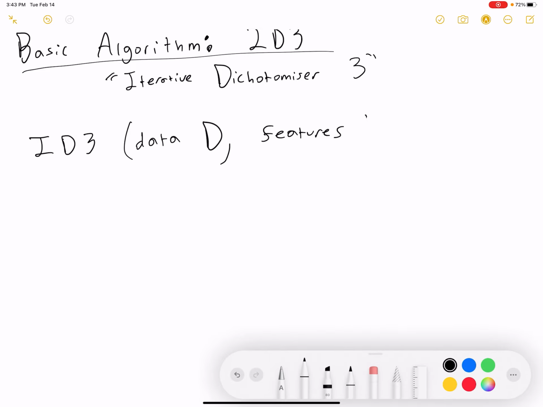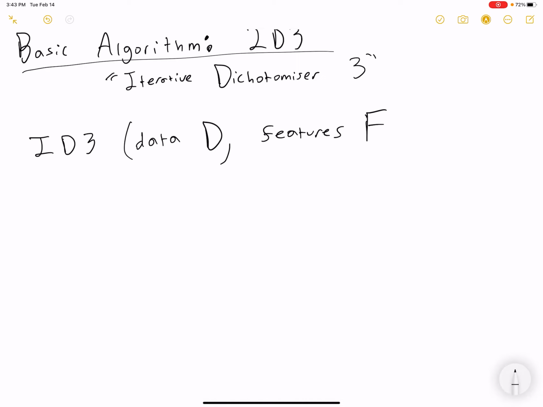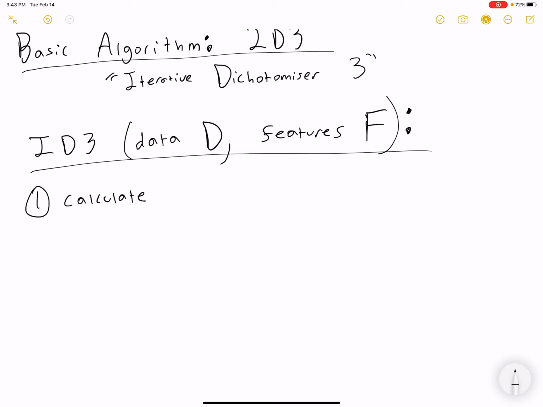Set of features F. So the first step is to calculate the value of a splitting metric.